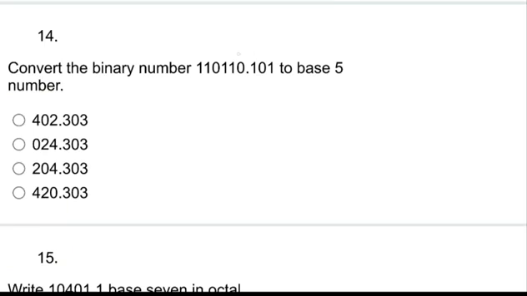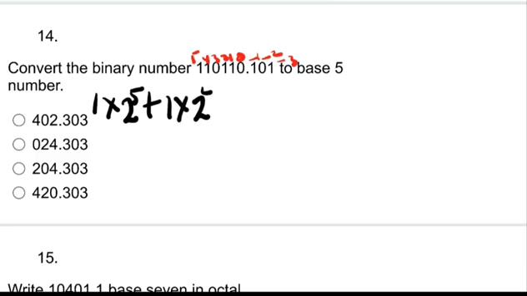So this will be 0, 1, 2, 3, 4, 5. This will be minus 1, minus 2, minus 3. So that means 1 times 2 raised to the power 5, plus 1 times 2 raised to the power 4. I'm not going to make use of this 0.